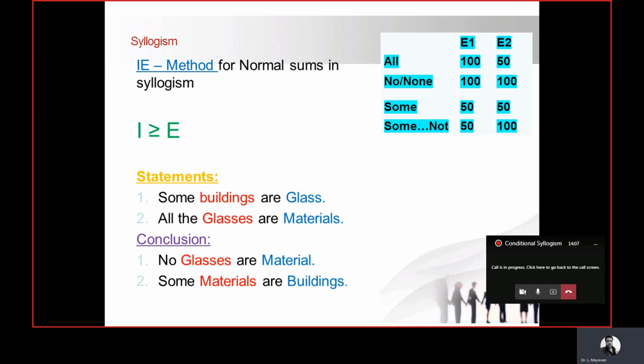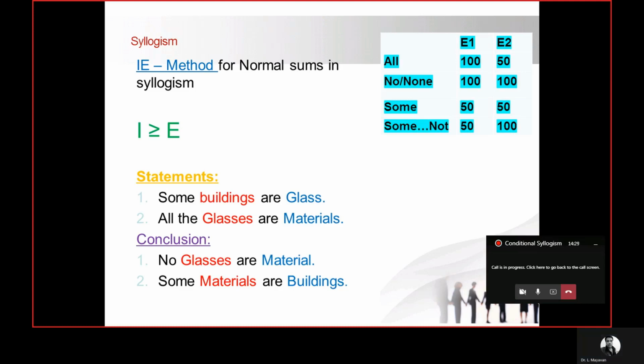Let us consider them as E1 and E2. And the conclusions: No glasses are materials. Some materials are buildings. Based on these small calculations, a simple logic, look at the table given.